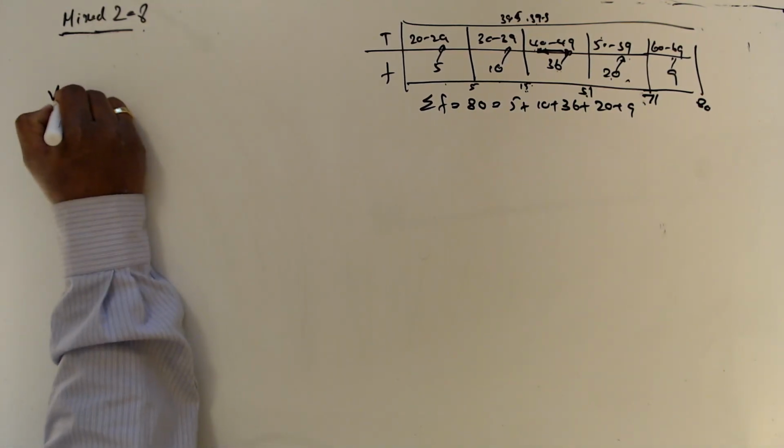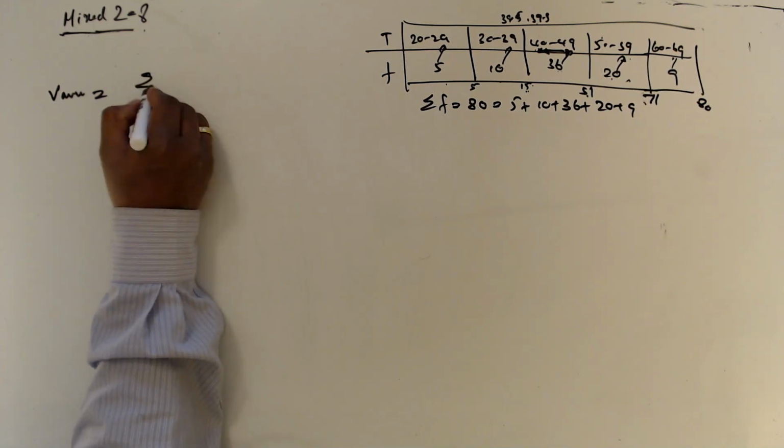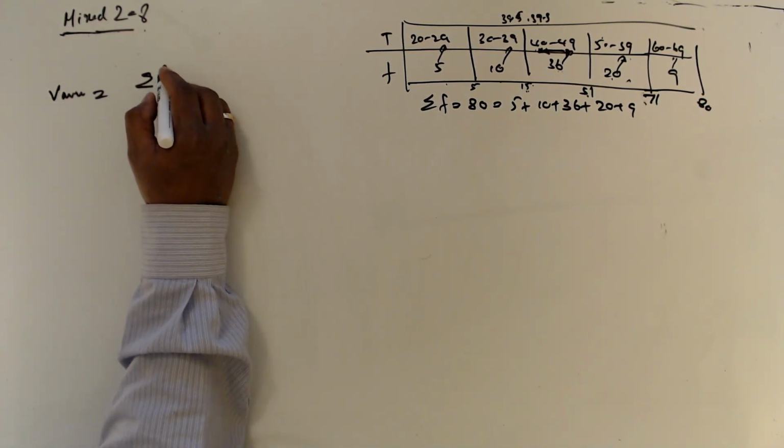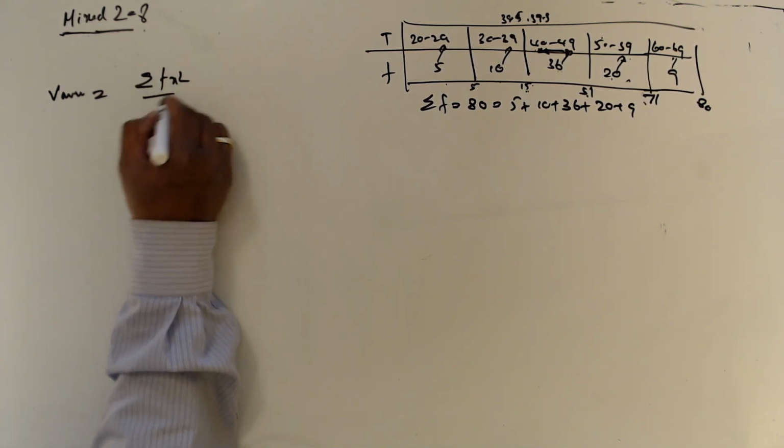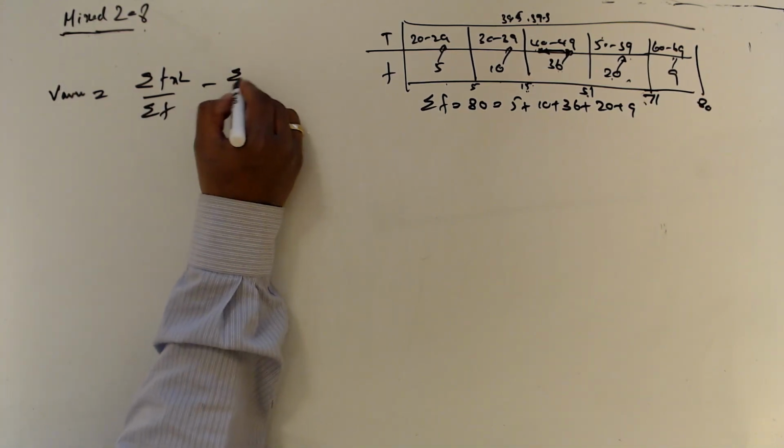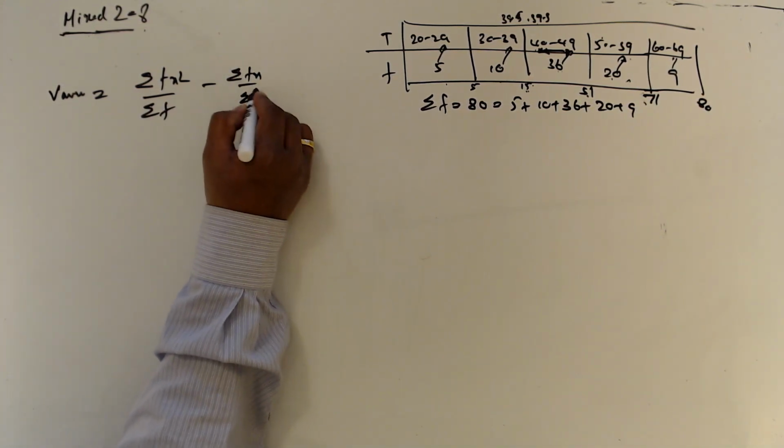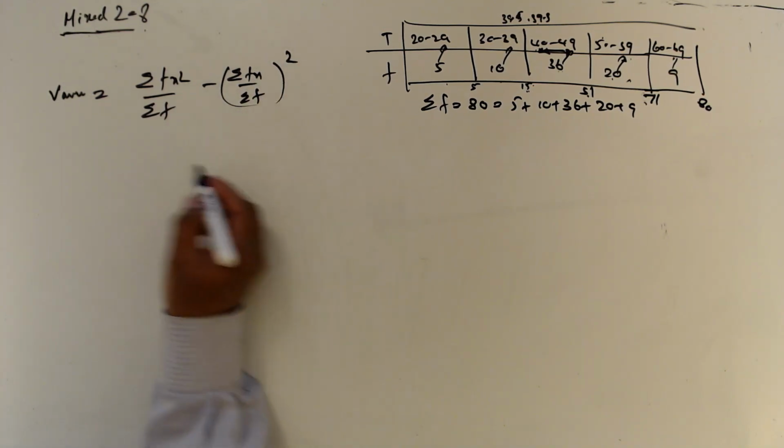So we want to find the variance. Variance is summation fx square over summation f minus summation fx over summation f, all squared.